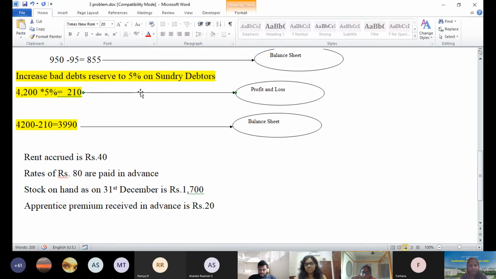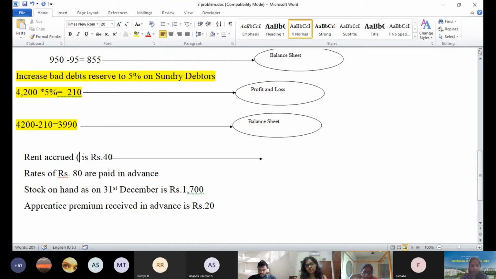Rent accrued. So that is the aspect of thing. So remember the concept, rent accrued. Accrued means another name is outstanding. Accrued or outstanding. Are you getting it? Yeah, so remember that particular word, very important. I will write it down here also. It's also called as outstanding.